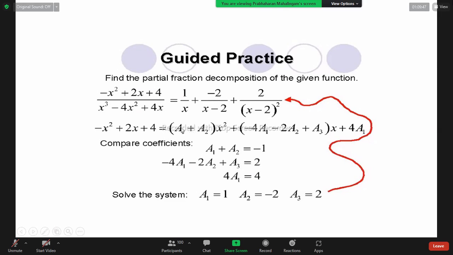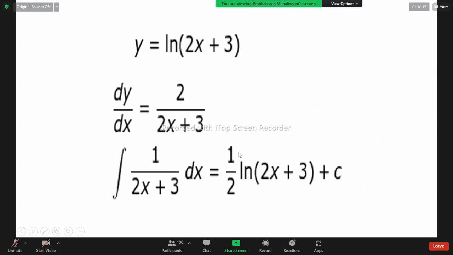So 4A1 the final component is 4. So here A1 is 1, then A2 minus 2 plus 1 is minus 1, then you can see A3 also. This is called partial fraction, right? I will teach you the next class, this partial fraction.